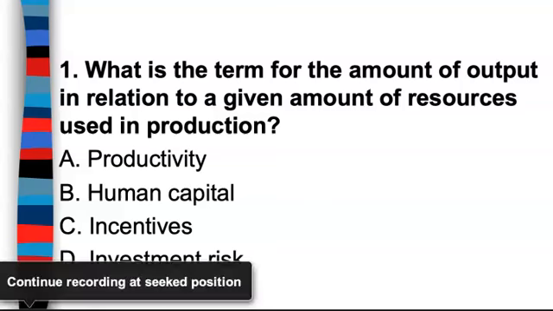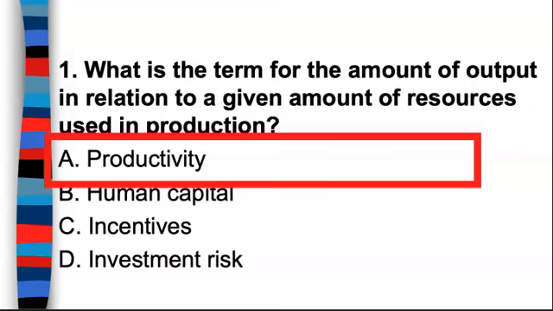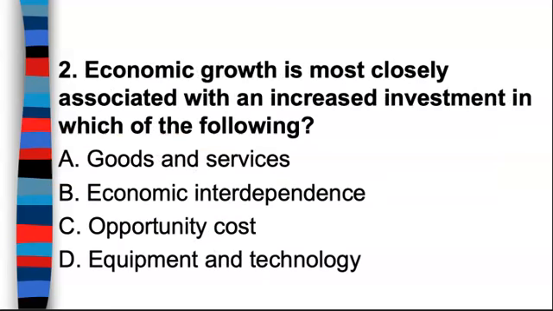What is the term for the amount of output in relation to a given amount of resources used in production? For this one, you should have chosen A, productivity. Our second practice question. Economic growth is most closely associated with an increased investment in which of the following?